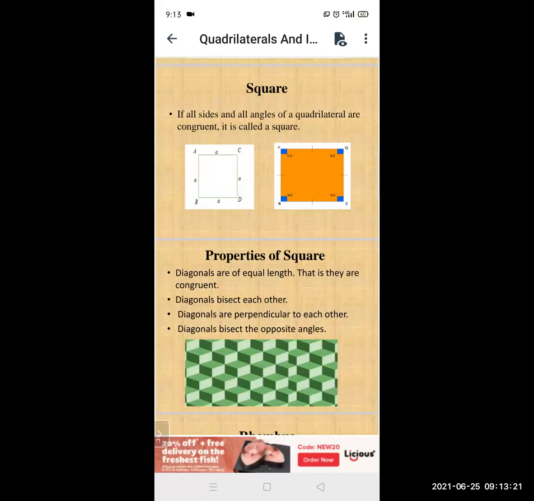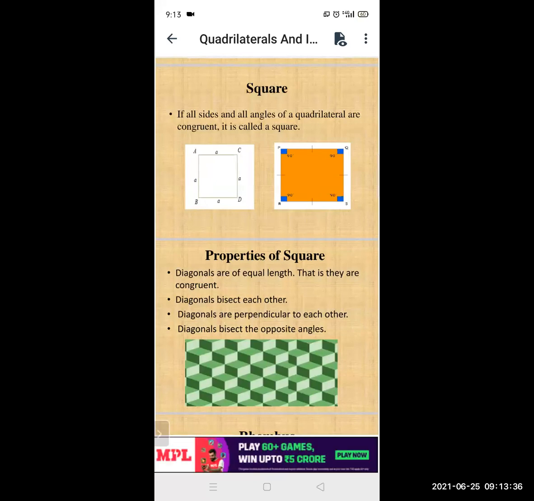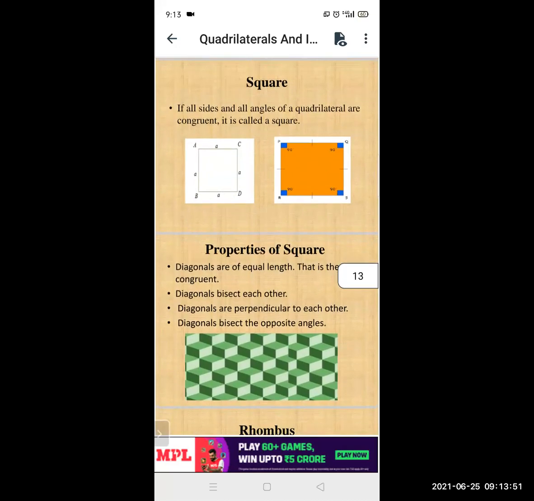So what is a square? If all sides and all angles of a quadrilateral are congruent, it is called a square. All sides are the same, and all angles are also the same, then it is called a square. All angles should be 90 degrees only.